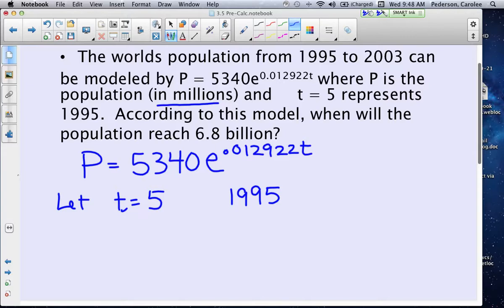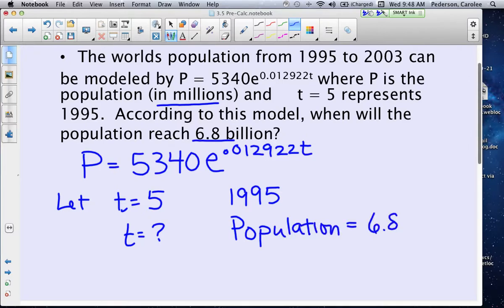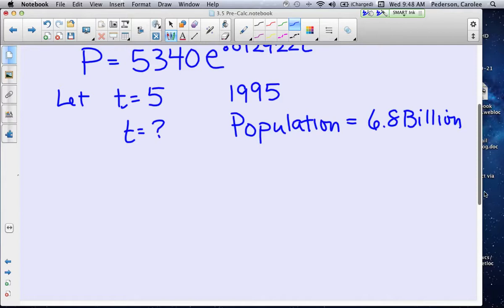And then we're given another piece of information: when will the population be 6.8 billion? The time is unknown, so that's what we're trying to find, the time.